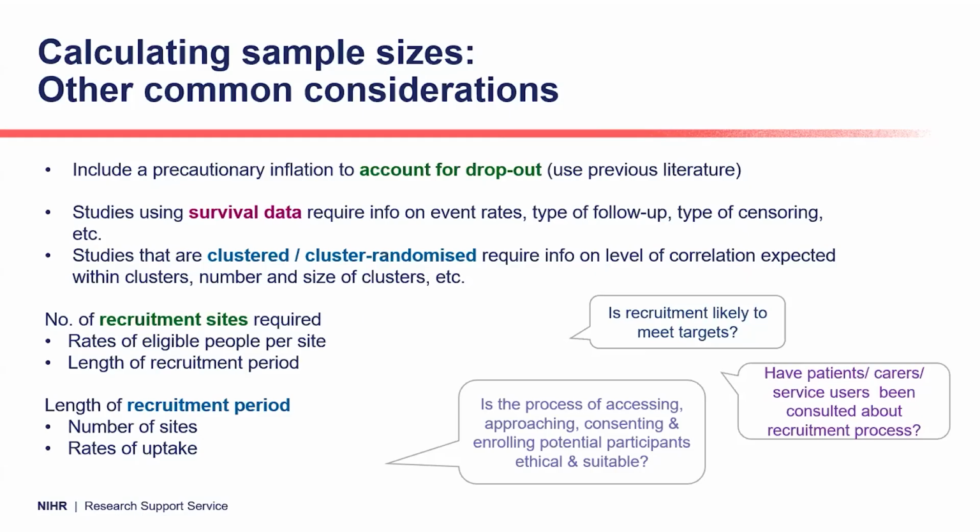The funding panel will expect to see that the proposed recruitment is likely to meet the targets, and that you've already consulted patients, carers, and service users about the best recruitment process for your study. You'll also need to think whether the process you propose for accessing, approaching, consenting, and enrolling potential participants is actually ethical and suitable, for example, for your population of interest, the health condition you study, or with the current NHS workload.